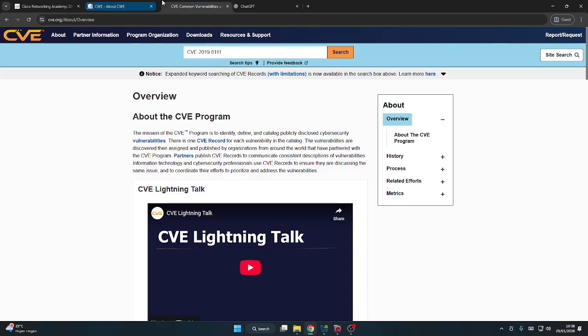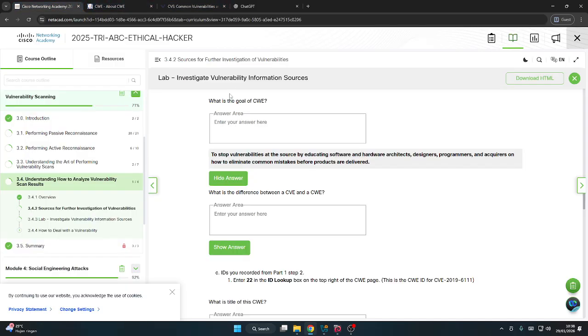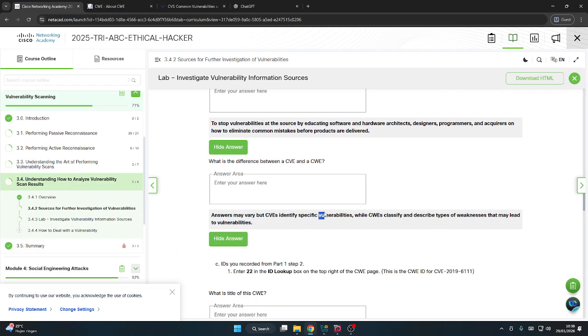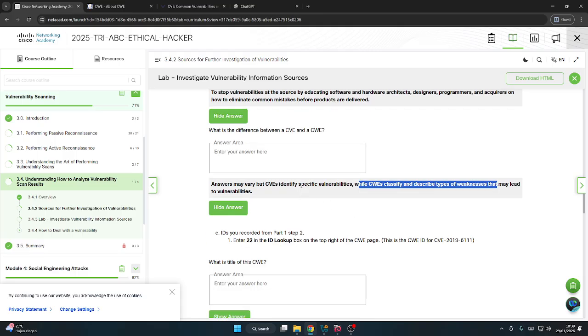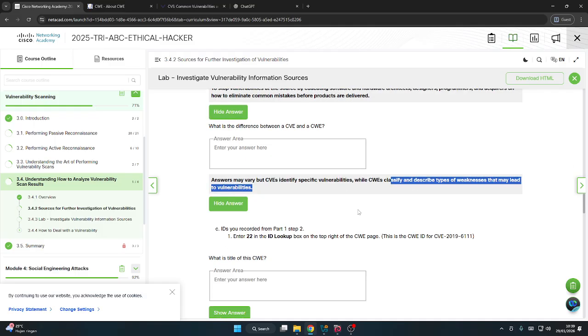CVE identifies the specific vulnerability, while CWE classifies and describes the type of weakness that may lead to it. So CVE is to identify and CWE is to classify.